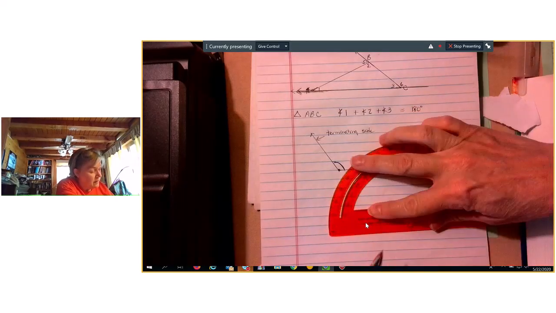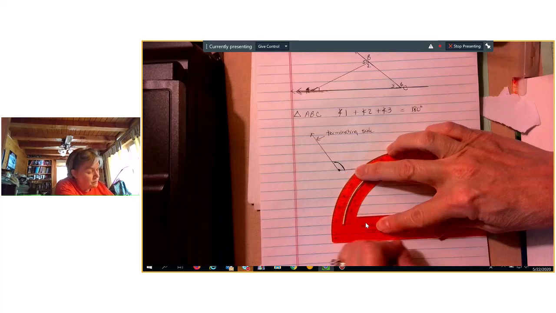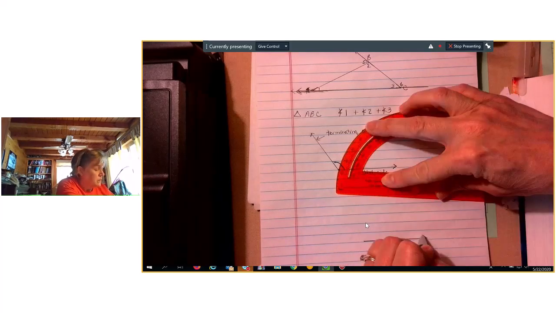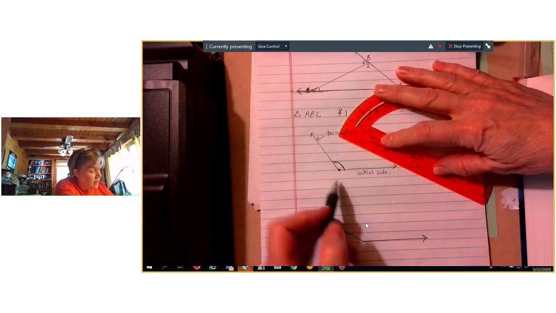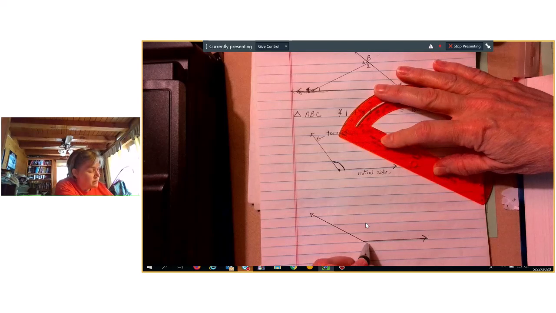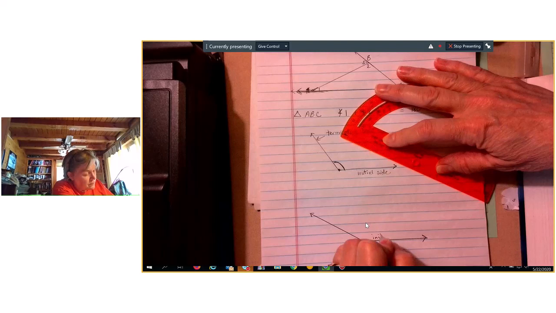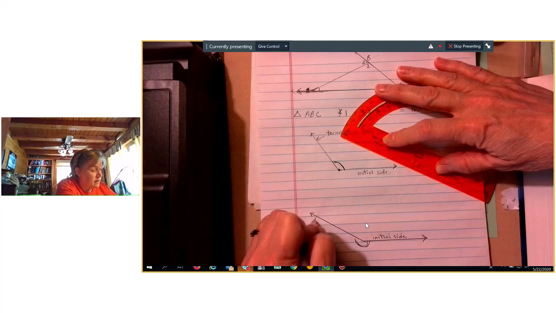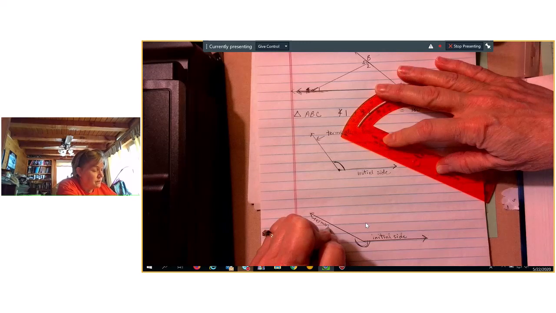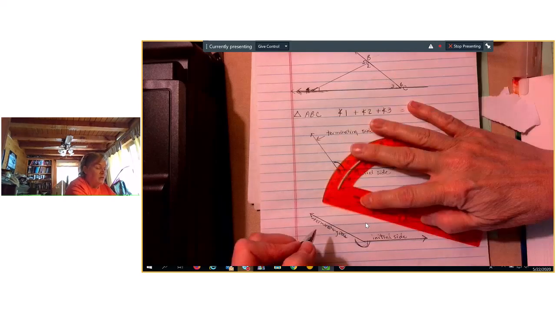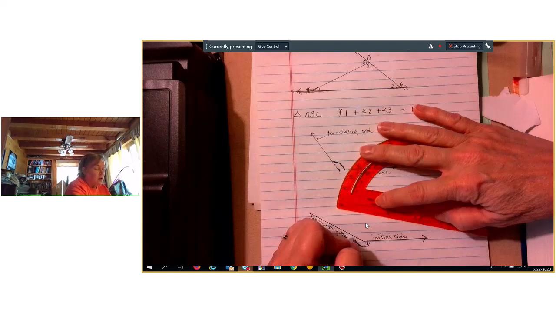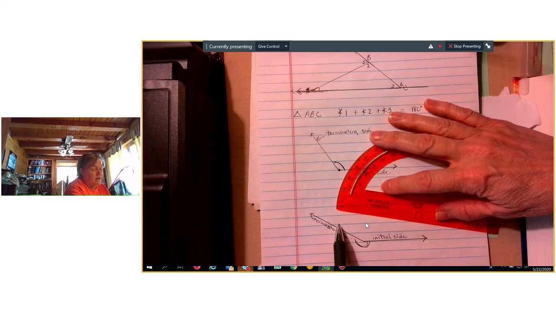So no matter how you are reading the angle, let's say instead of going this direction, I want you to read this angle this direction. This is still called the initial side, and this is called our terminating side. Wherever I start is going to be the initial side, and wherever I'm ending up is going to be my terminating side.